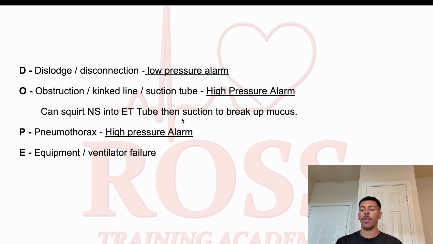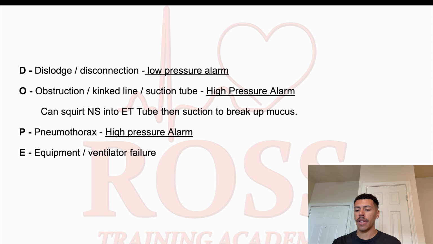And so if you have these alarms going on and you've tried everything that you can think of, everything that anybody else can think of, and just nothing's working, the patient is still in distress, these alarms are still going off, what we're going to go ahead and do is switch the patient from the ventilator and put them on a BVM, an Ambu bag, bag valve mask, and we're going to start breathing for this patient with that bag.